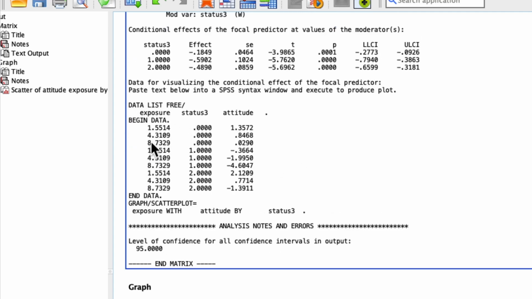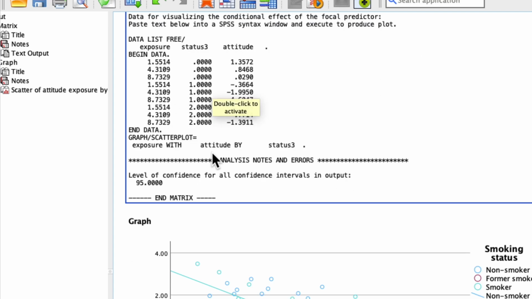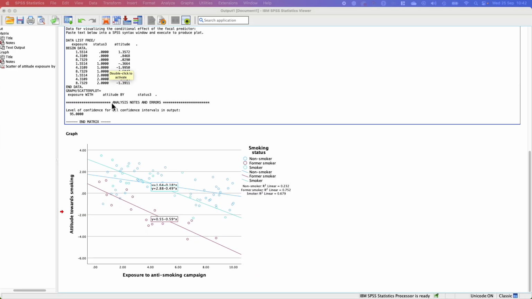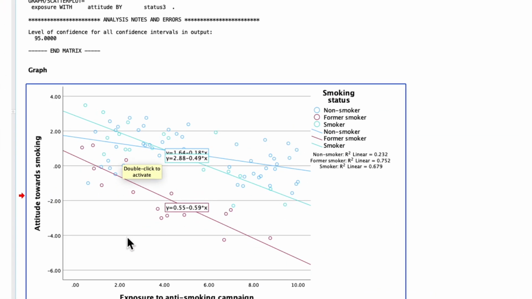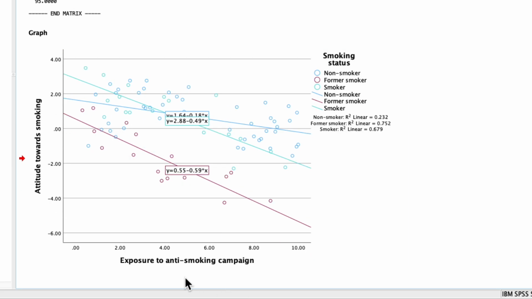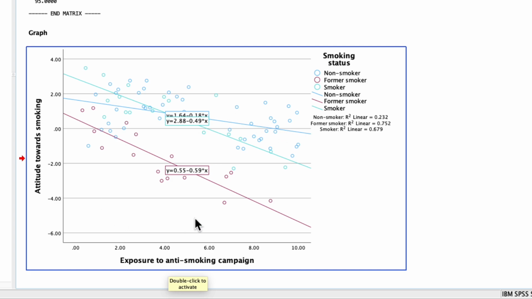We also asked for code to visualize this, and I've already done this down here. So here we see the different slopes for the different categories. We have the non-smokers, the former smokers, and the smokers, and we see that the non-smokers are slightly less negative, or at least the slope is slightly less negative than the former smokers and the smokers, which essentially means that for this specific group there's less effect of the exposure to an anti-smoking campaign on the attitudes towards smoking.